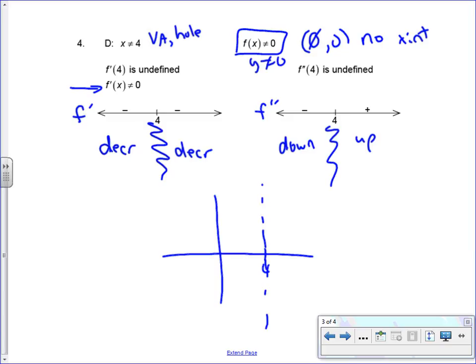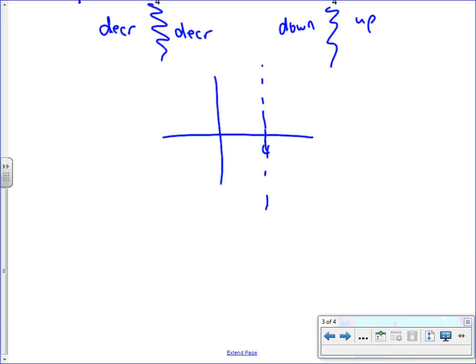I need you to draw a graph that is decreasing and concave down on the left side of this vertical asymptote. Can you do it? Decreasing and concave down. This is where having those little bits and pieces clear in your mind matters.